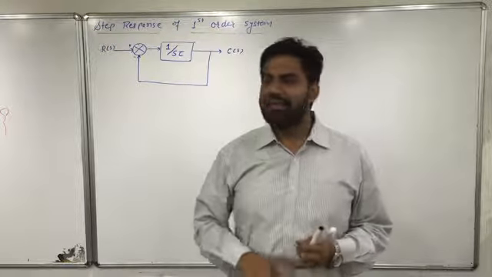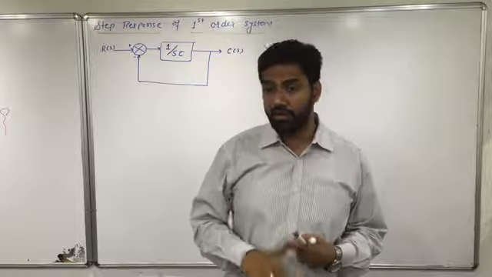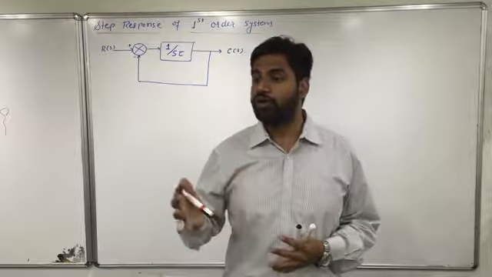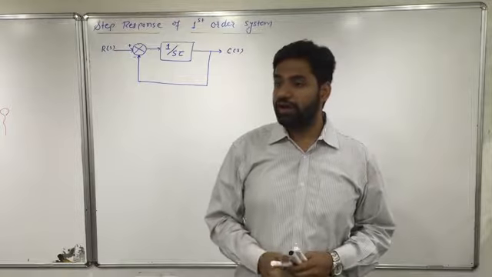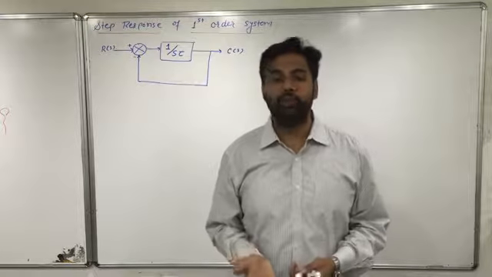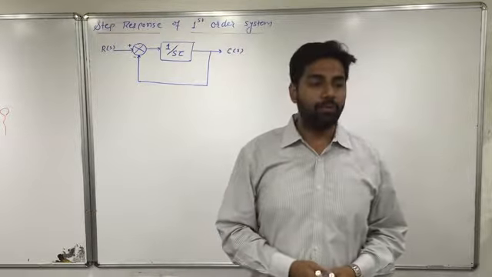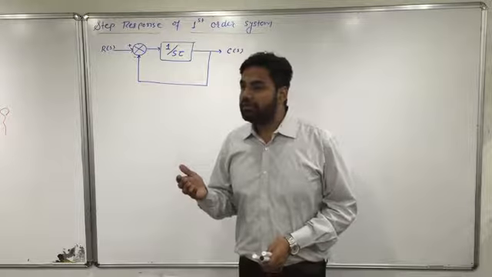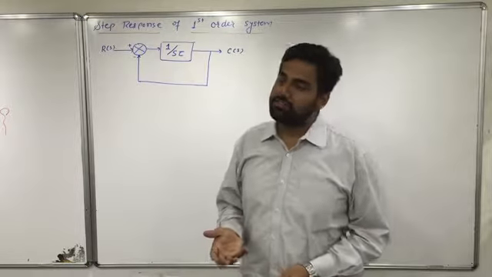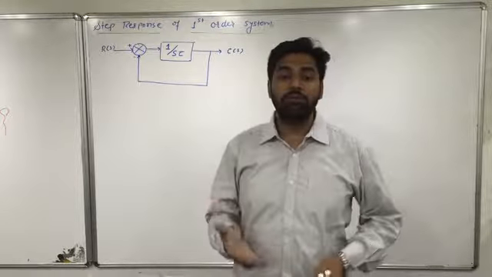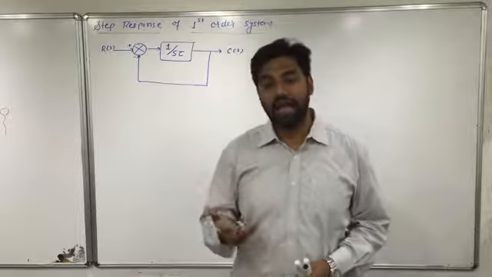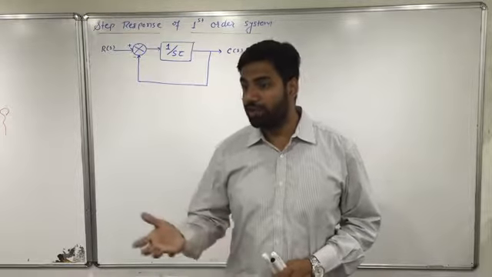Guys, control system is a basic subject. Electrical, EC, IC, computers even, at later stages, if they are going for some control stuff, automation, they have to do the programming. Even in computer science, and a few more branches, control is coming. Even in chemical, even in mechanical, control is coming. Robotics and all those things.